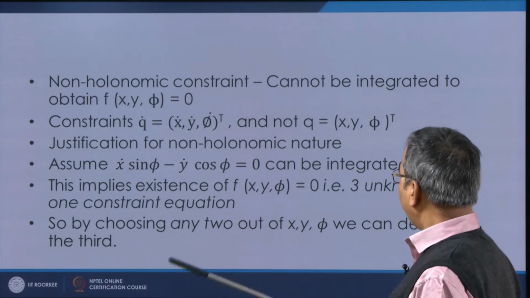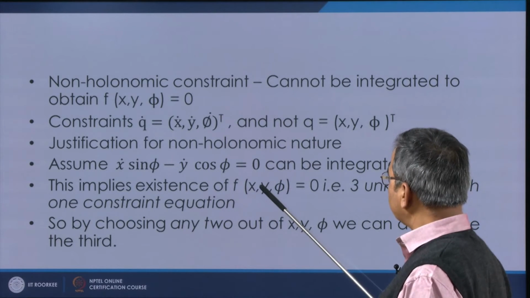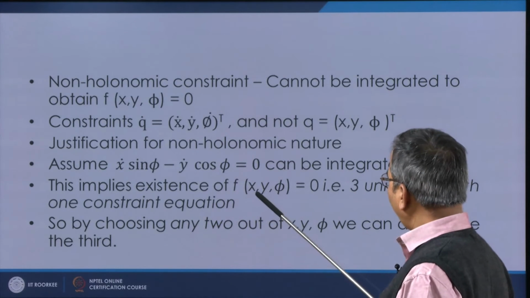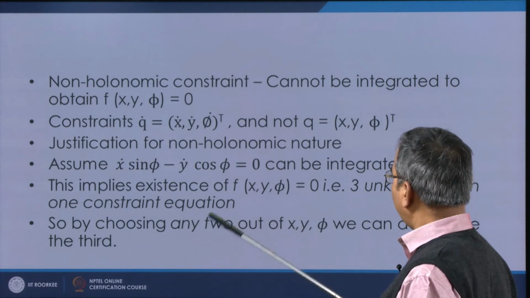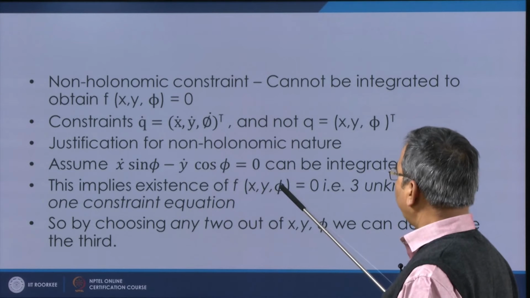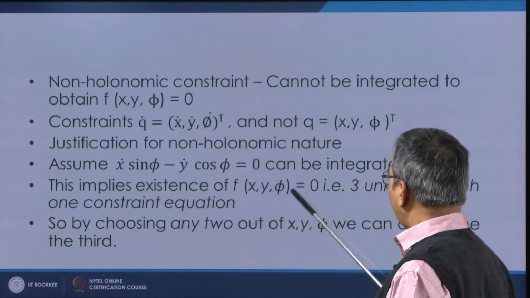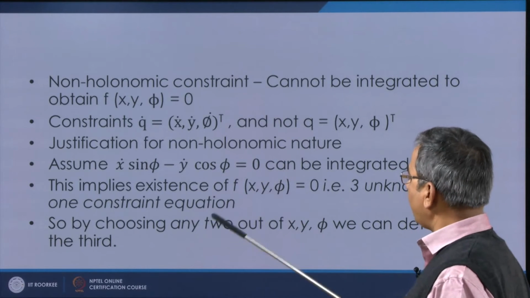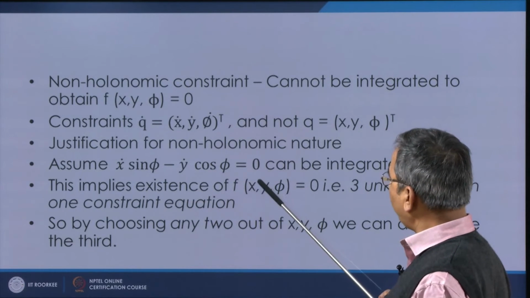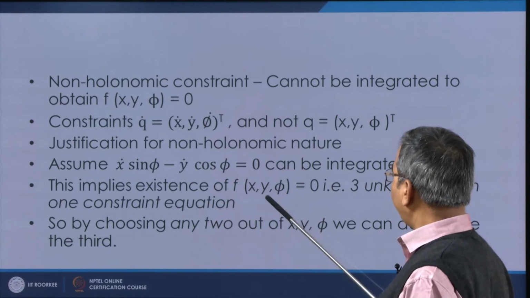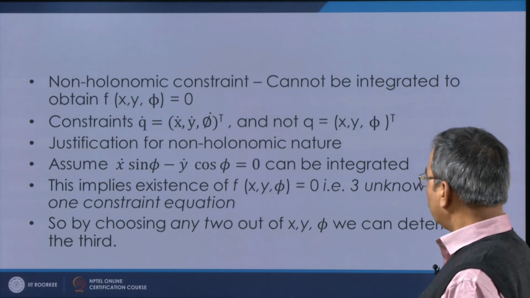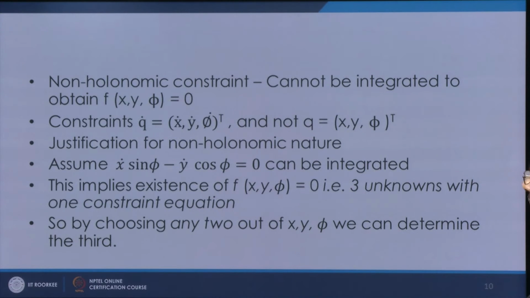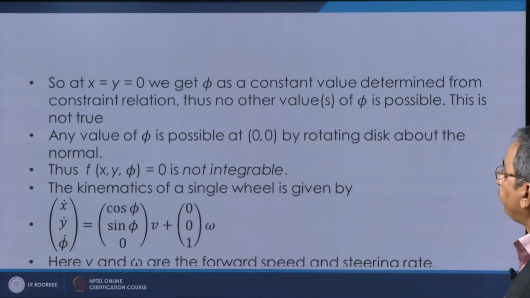So, here there are 3 unknowns, x, y, phi, and f of x, y, phi with 3 unknowns, we will be having one constraint equation here. What does this mean? This means that if I know any 2 of the parameters, say x, y, I can find out phi. So, by choosing any 2 of x, y, phi, we can determine the third component.